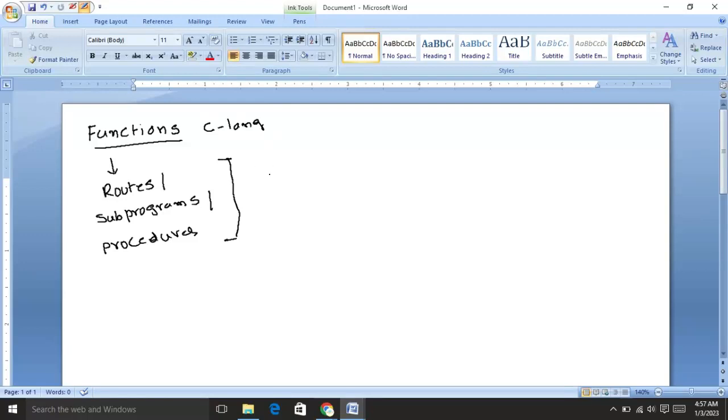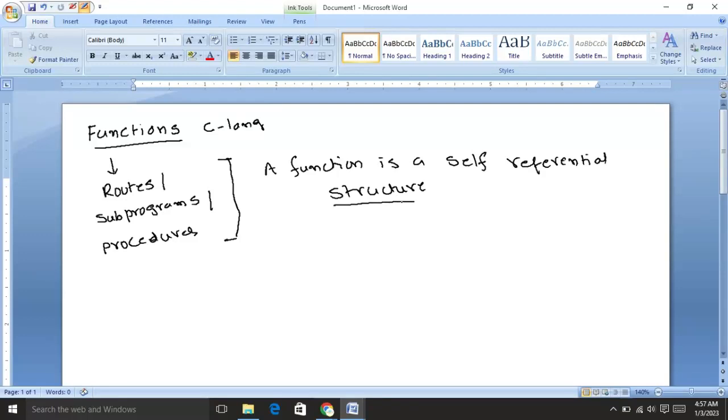So the definition of a function: a function is a self-referential structure. What is the meaning of self-referential structure?